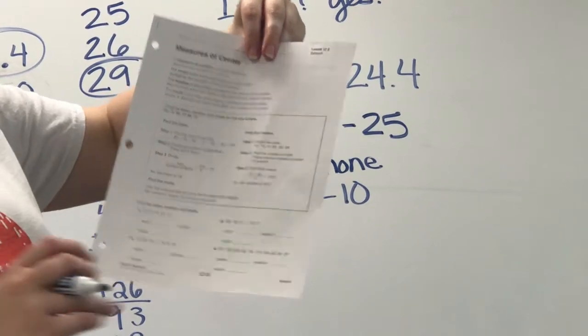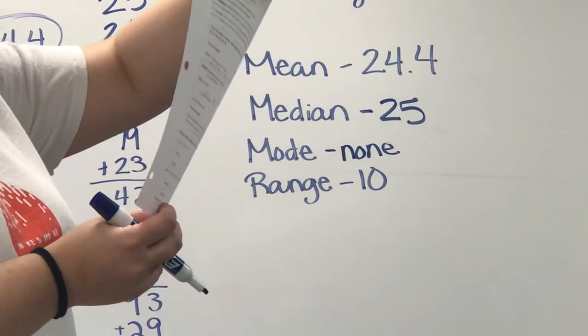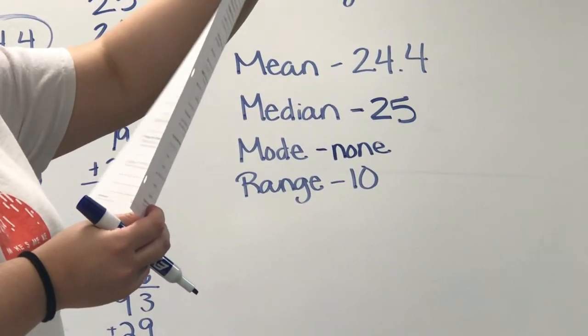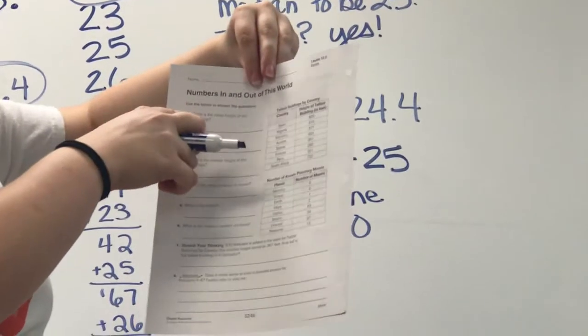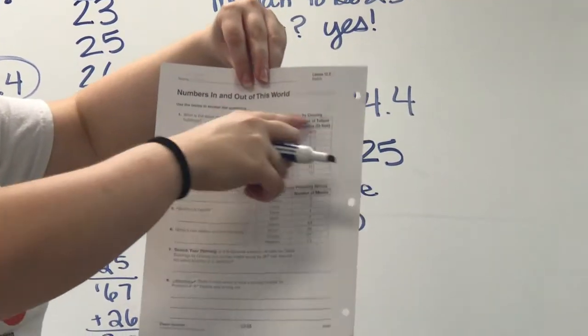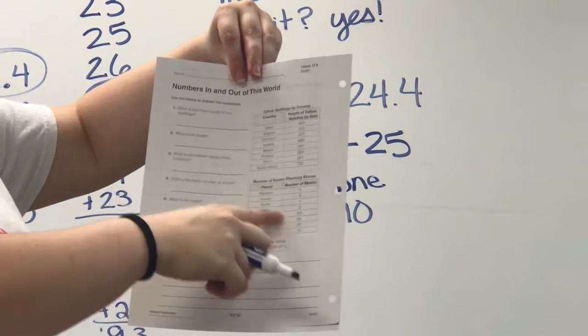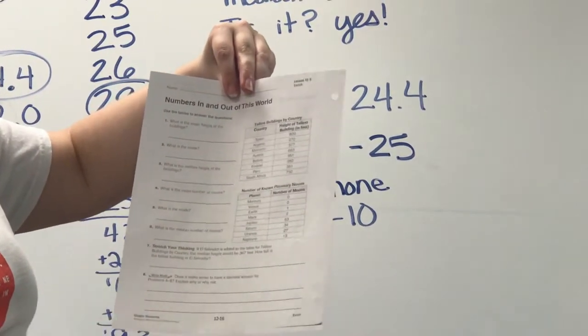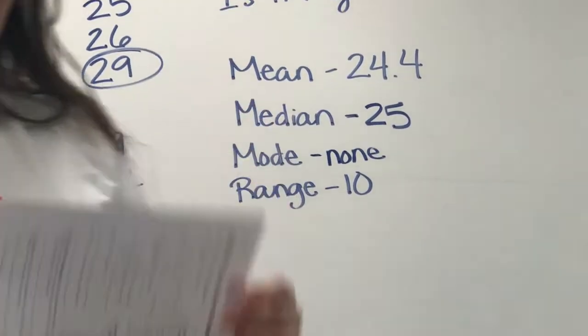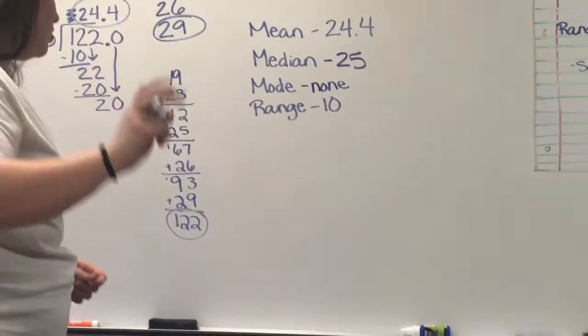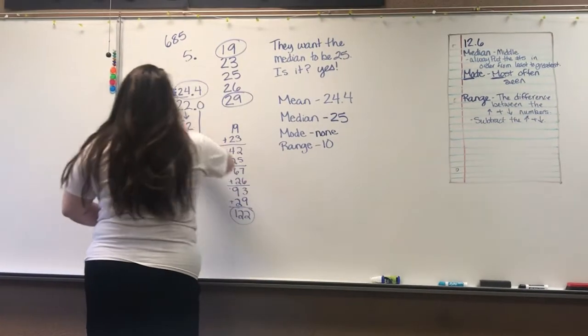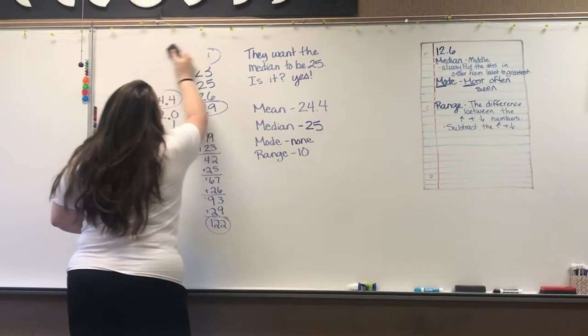Okay? On the back, yes, you can do all of these. 1 through 6, using these data sets. You do not need to do number 7, you do not need to do number 8. Let me go over 2 things before you go do your homework.